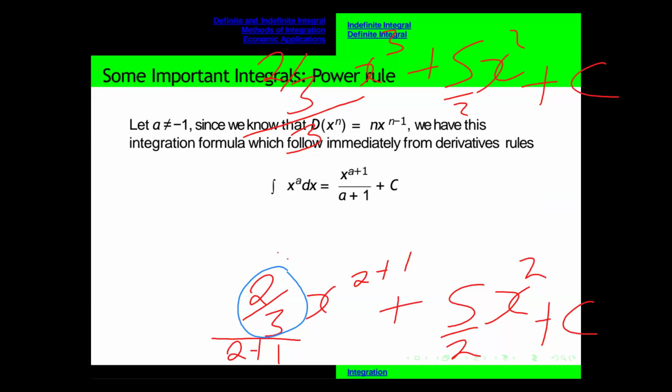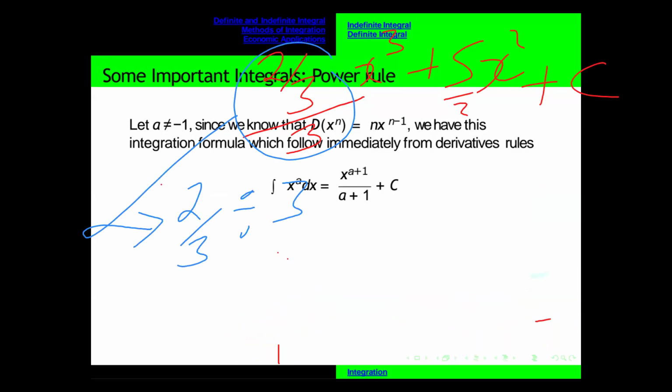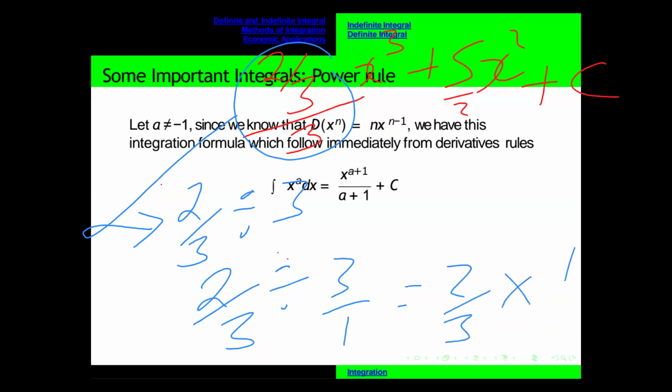For the sake of simplifying, we could write this lower down as 2 over 3 divided by 3. It's the same stuff, just a way of illustrating. We know that we could have 2 over 3 divided by 3 over 1, so that we have 2 over 3 times 1 over 3.